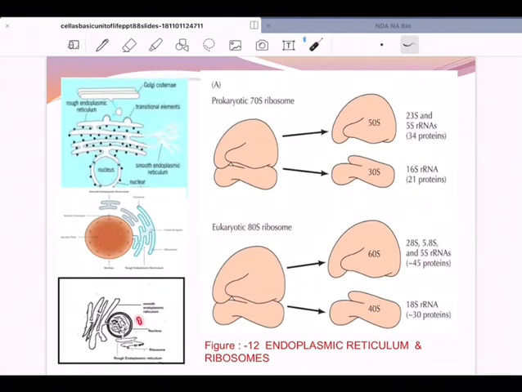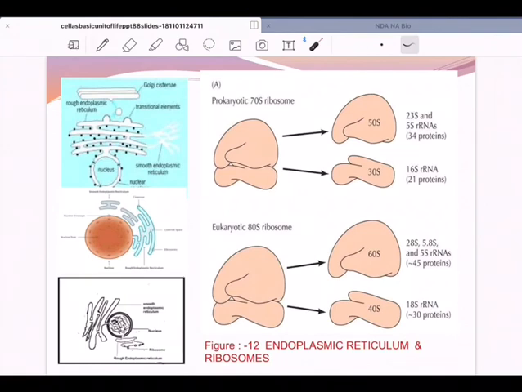Depending upon their size, there is the prokaryotic 70S ribosome, and this complete thing is 70S, divided into two parts, a 50S part and a 30S part. Eukaryotic, like in our cells, there is an 80S ribosome, and in that 80S, the bigger part is 60S and the smaller part is 40S.